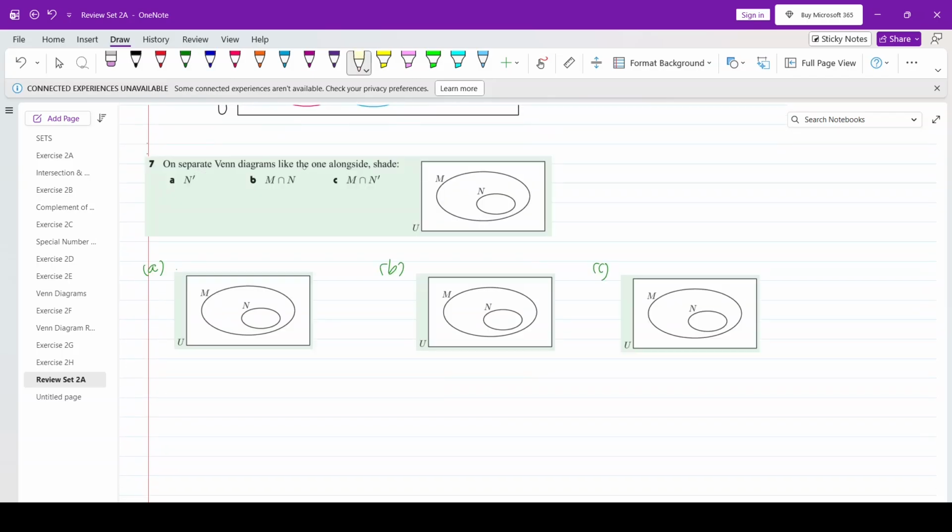On a separate Venn diagram, like the one alongside, shade n complement. So n complement is going to be everything outside n. So this is going to be this part.